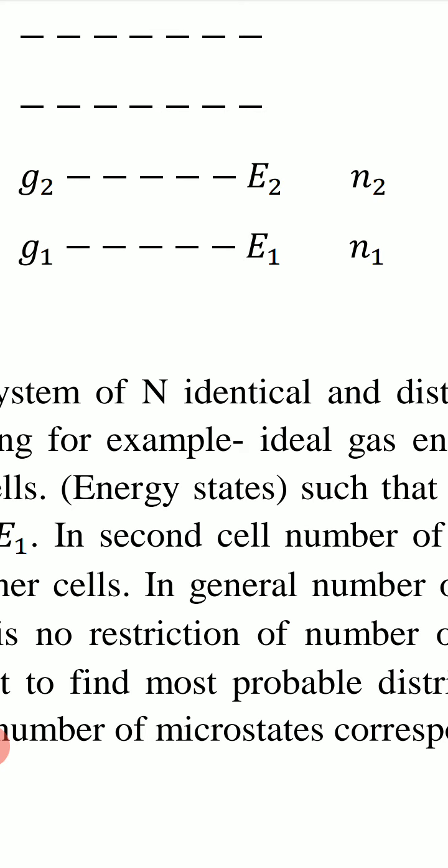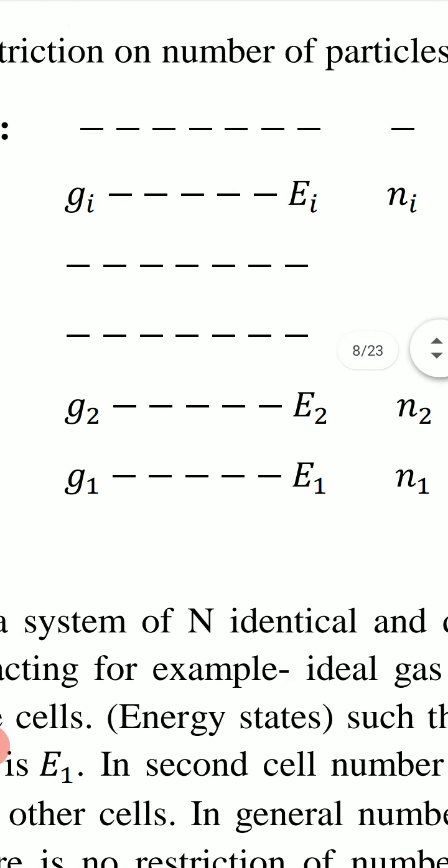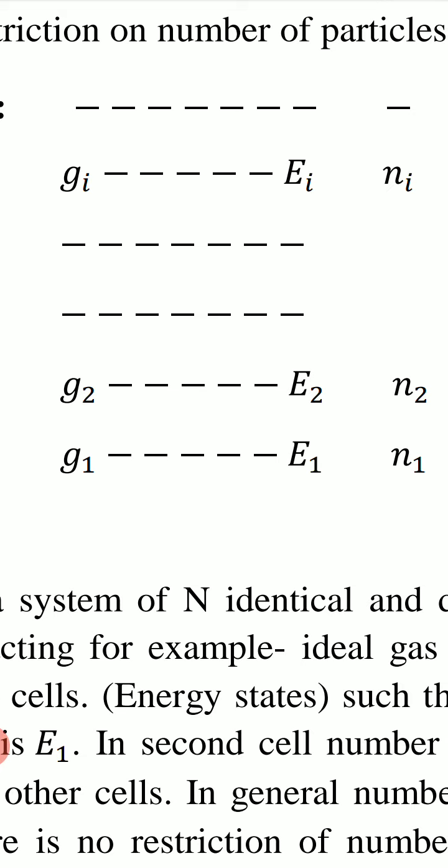Similarly, the cell of energy E2, energy state of energy E2 is divided into G2 levels, and in a similar manner if we consider energy state of energy Ei, these are divided into Gi levels.